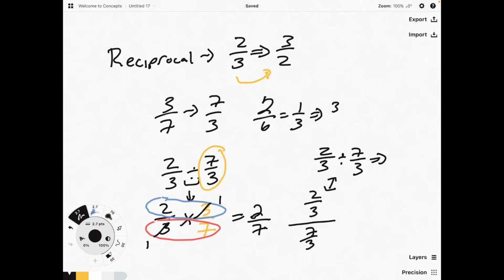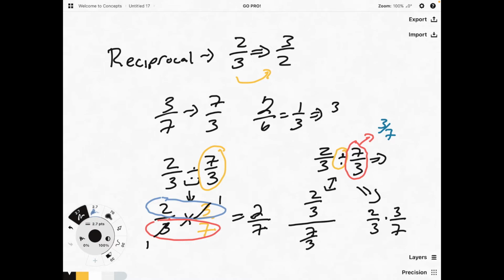What you need to do is first change the sign, and then the number that is being divided turns into the reciprocal, which is 3/7, with the reciprocal just meaning inverse, inverse meaning flipping it upside down. After we change this sign to multiplication and we find the inverse or reciprocal of the number that's being divided, we rewrite this as 2/3 multiplied by 3/7.